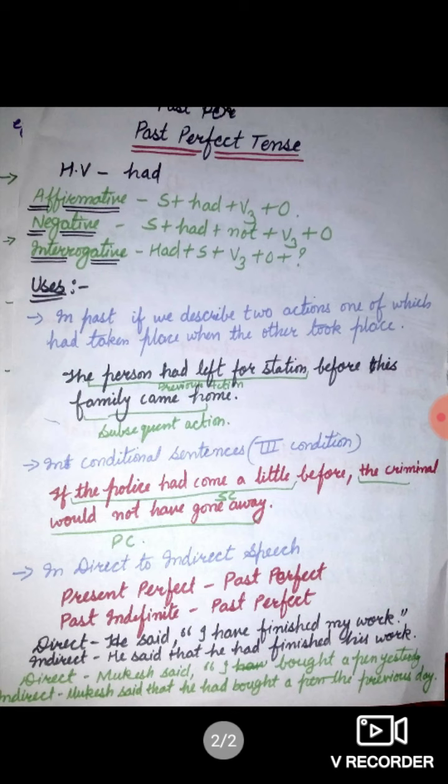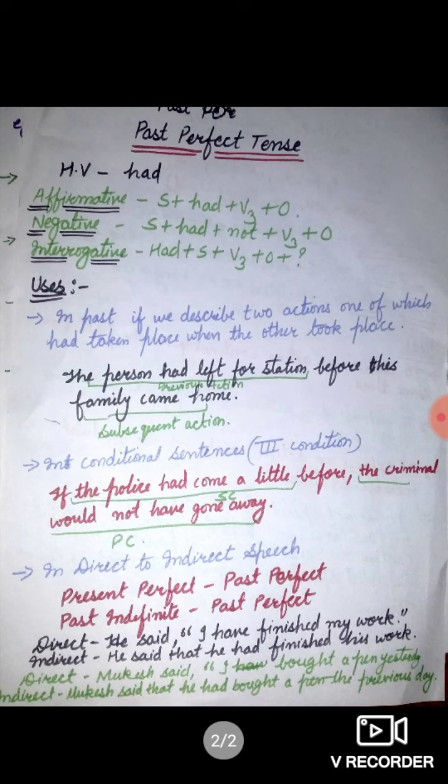Now move on to the last use of past perfect tense. As I told you, in every past tense, in converting direct speech into indirect speech, present perfect is converted into past perfect, and past indefinite is also changed into past perfect. You have to keep this in mind.